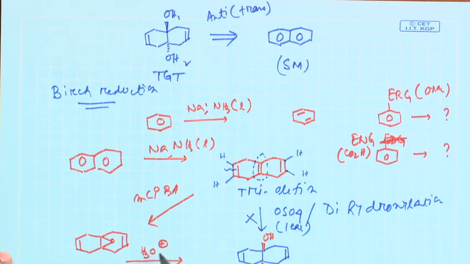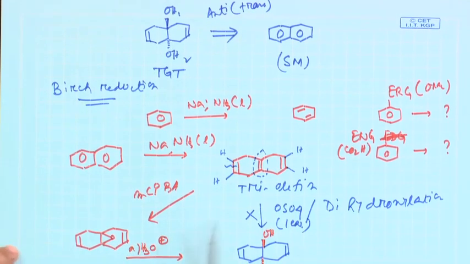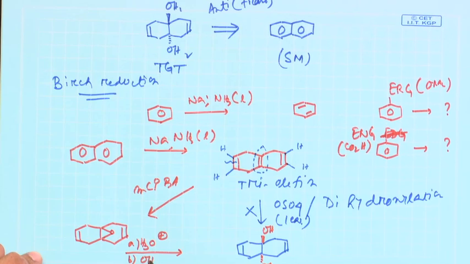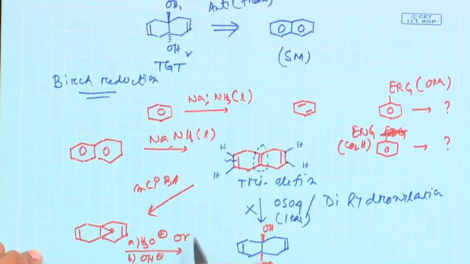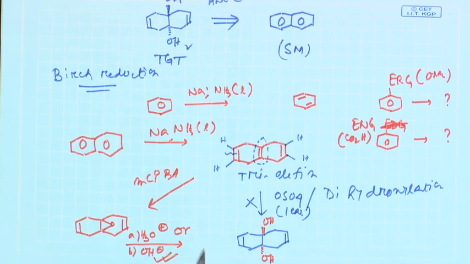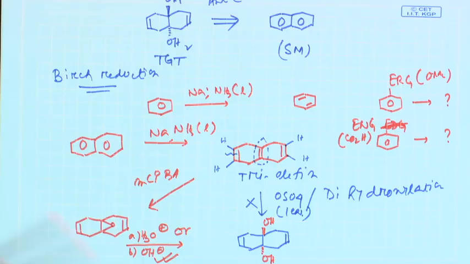You can do an acid catalyzed cleavage or a base catalyzed cleavage, depending on your resources. With base catalysis, a stronger nucleophile, SN2 chances are very high, and normally you will always get the anti-diol. So, that will solve the problem.